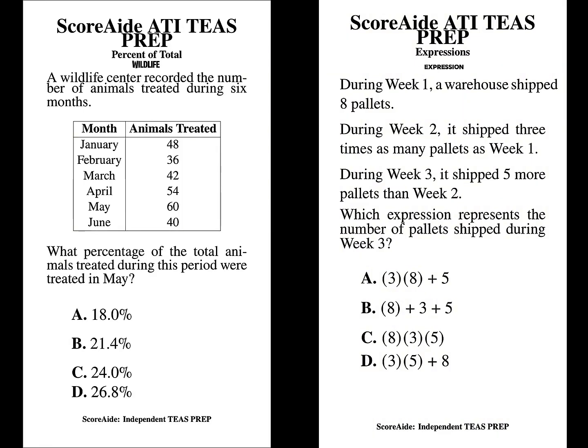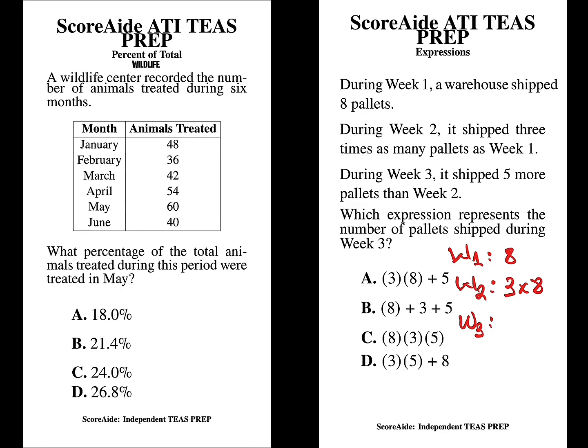Which expression represents the number of pallets shipped during week 3? So week 1 is just equal to 8 pallets, right? What about week 2? 3 times as many, right? So that's going to be 3 times 8.